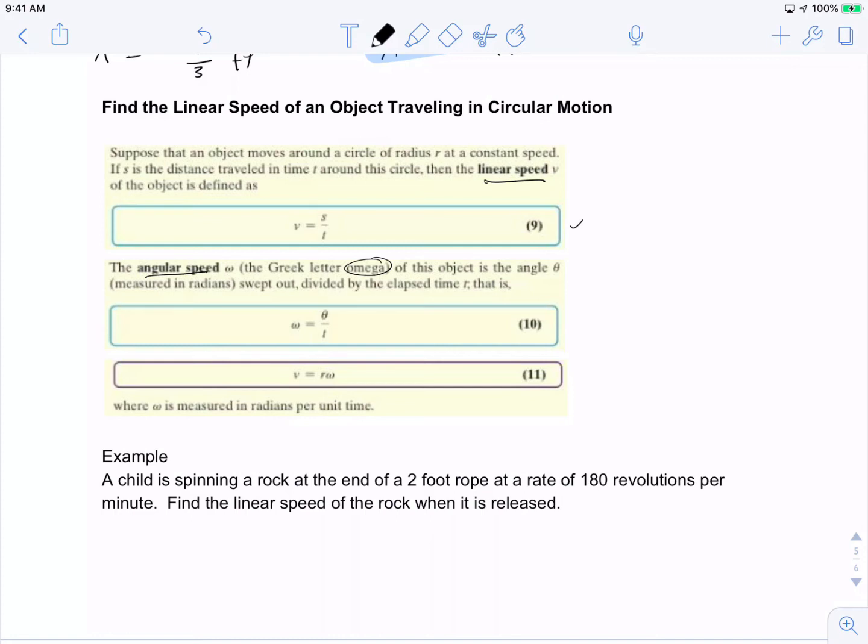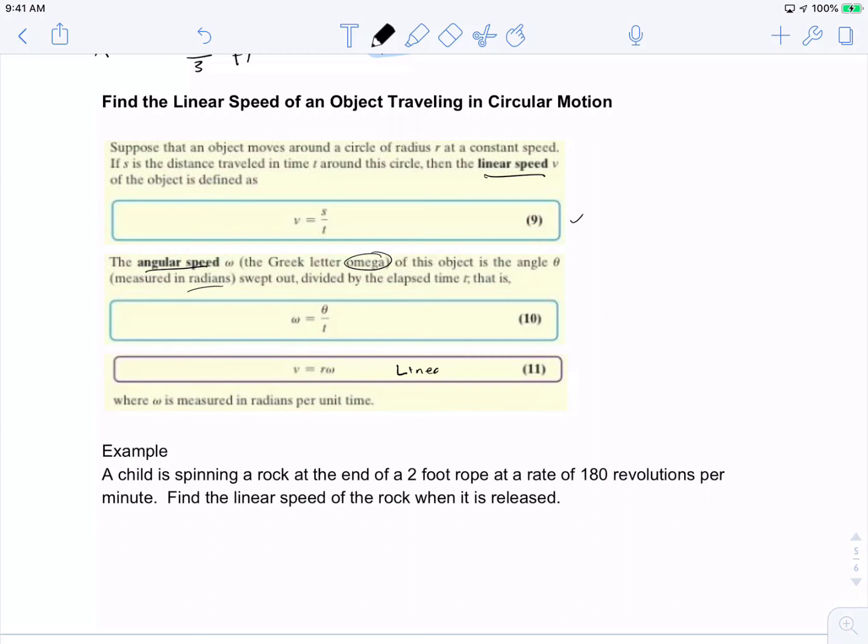And again, the angle is measured in radians, so be careful. If I give you degrees, you need to be able to convert that. Now, our linear velocity in terms of using omega is going to be this one. V is equal to the radius times omega.